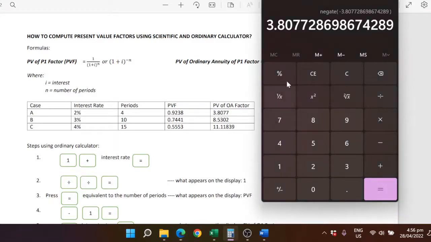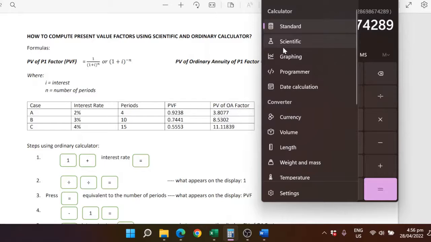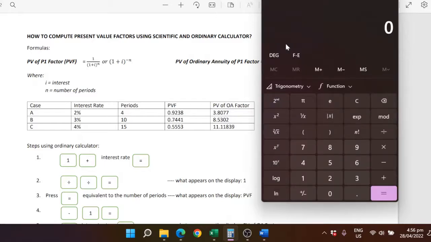For my demonstration, the calculator that I'm going to use is the scientific calculator in my laptop. First, we will follow the formula for the present value factor and the present value of ordinary annuity. So we have here the columns for the factors. They're already given here. We have taken these numbers from the present value table.